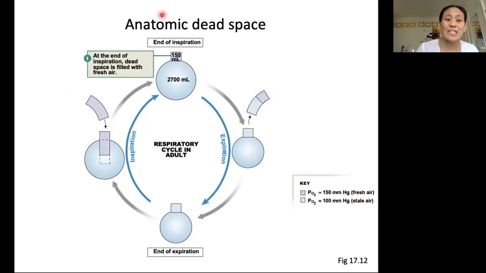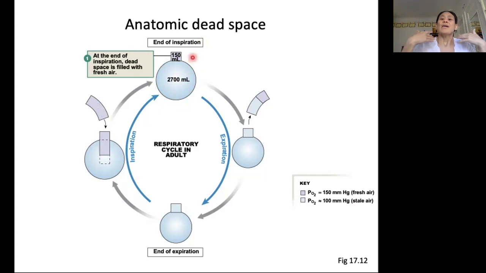Starting at the top, we're going to start with the end of an inspiration. When we have finished inspiring, some of the fresh air that we have inspired makes it to our lungs. That air participates immediately in gas exchange and it becomes stale air. Hence, the whole bubble representing the lungs is blue.